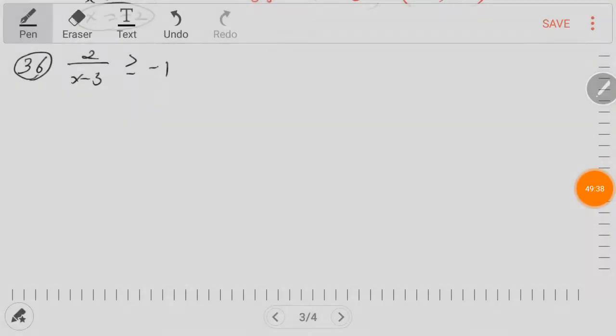Okay, this exercise has an equal sign in the inequality, right? So we will include negative 1 as well. Let's move negative 1 to the left. Then plus 1 is greater than or equal to 0, right?